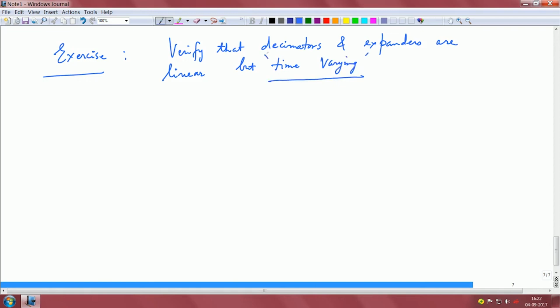This is very important. They are not LTI, this is an LTV operation, they are LTV systems. Okay, it is not too difficult to verify this, and you could do that.